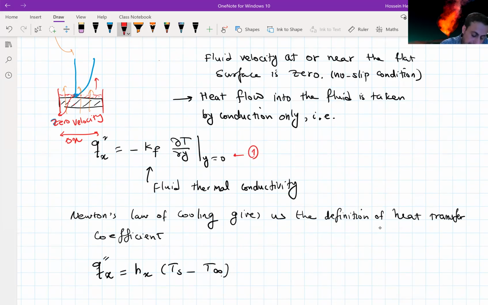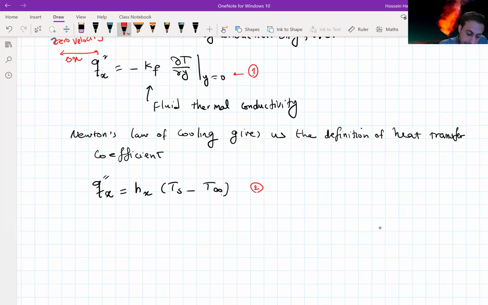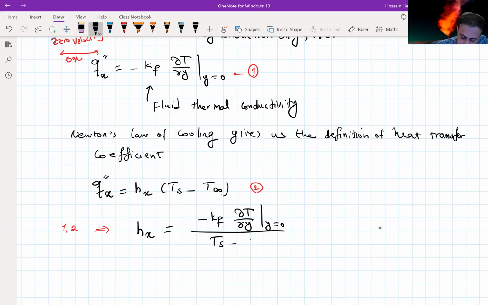And beyond that, we have convection in the bulk of the fluid, but this convection we can get from Newton's law of cooling. And from 1 and 2, these are equal to each other. We can find out hx. It's going to be minus kf dT/dy at y equal to 0, divided by Ts minus T infinity.